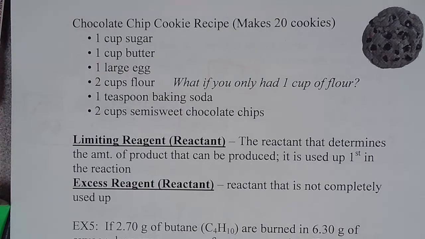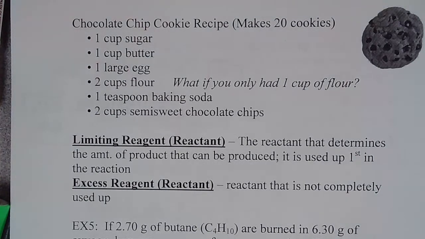Suppose that you only had 1 cup of flour, but you had enough of all the other ingredients. What would you need to do? I really don't know. Half everything else. Okay, half everything else, because if you try and make the recipe with just 1 cup of flour, it probably won't turn out right.